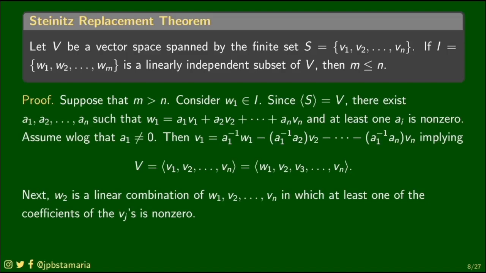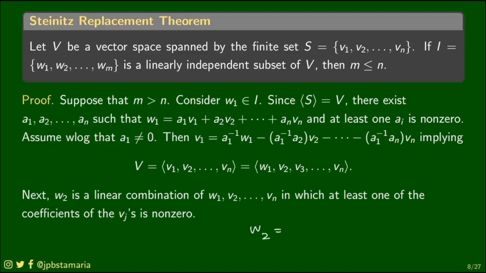And W2 is, of course, a linear combination of W1, V2, V3 up to Vn, in which at least one of the coefficients of the Vj is non-zero.